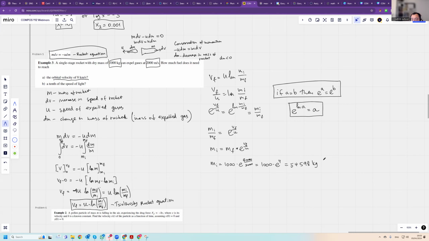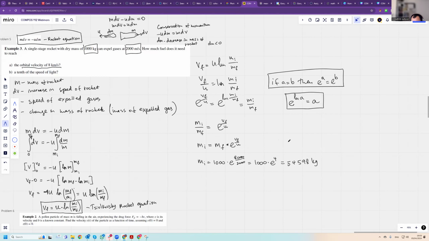That's the starting mass of the rocket. And of course, the mass of fuel that is needed is 53,600 kilograms. So to take 1 kilogram to space, you need 53 kilograms of fuel.